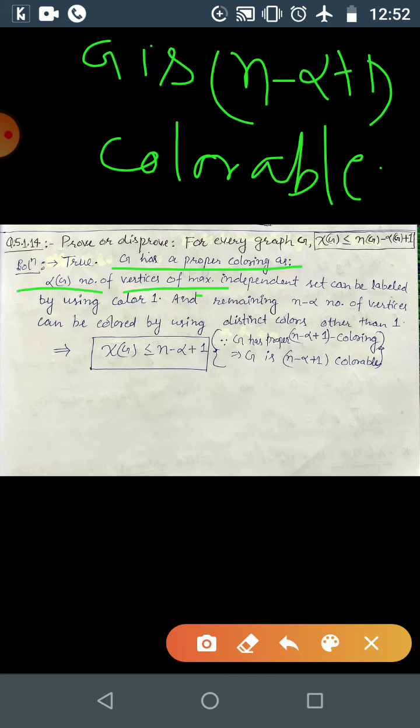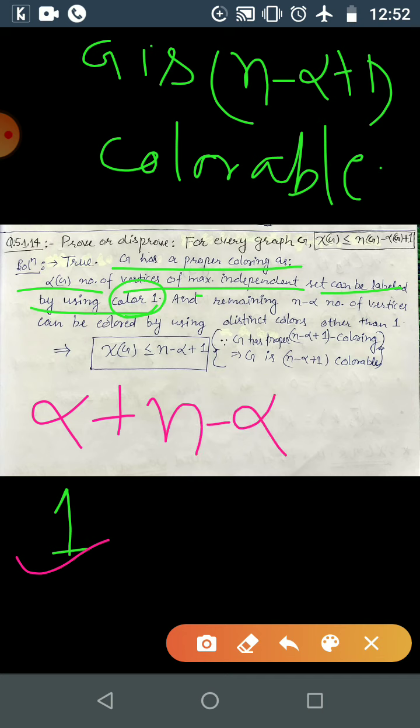Alpha of G is the number of vertices of a maximum independent set, obviously, and this can be colored by using color number 1. So color number 1 is coloring alpha number of vertices. The remaining vertices, total n, so remaining n minus alpha, can be colored using distinct colors.